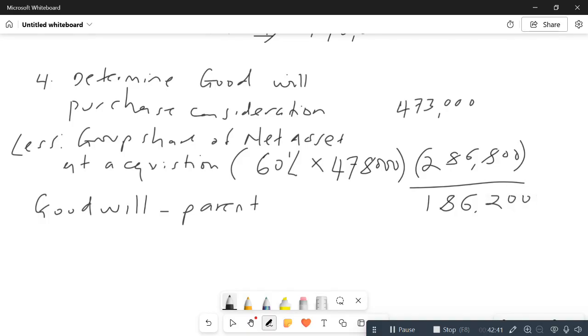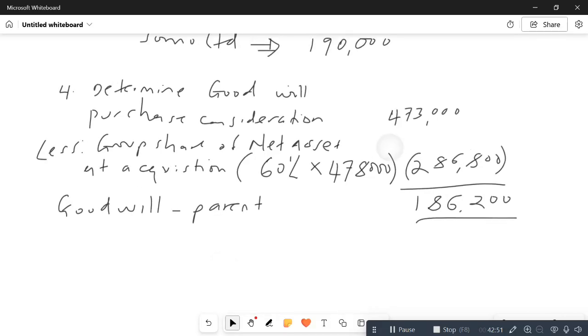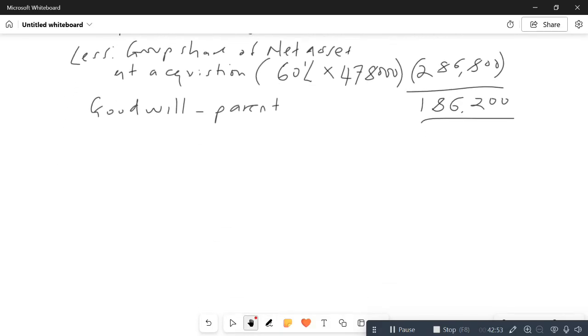Good. That is our goodwill. But remember, we need the full goodwill method. We need to determine goodwill attributable to the parent and goodwill attributable to NCI. Let's look at the one for NCI.